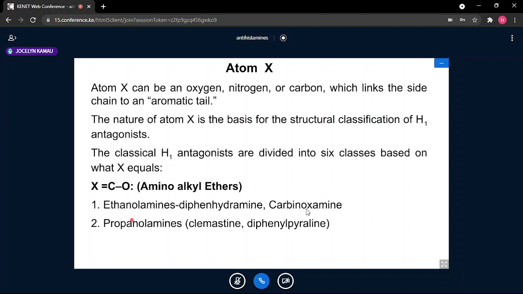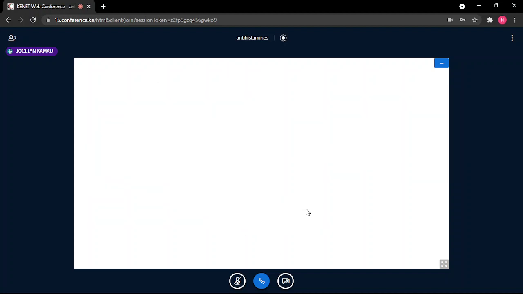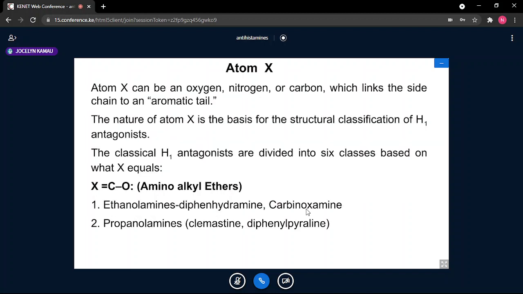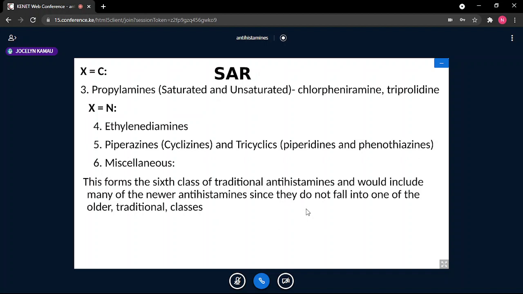The spacer has 3 carbon atoms, and in ethanolamines, the spacer has 2 carbon atoms. I hope you can remember drugs like carbinoxamine, but we are going to look at it later and give good examples as we look at each class. So the carbon-oxygen is subdivided into ethanolamines and propanolamines. One has 2 carbon atoms, the other has 3 carbon atoms.